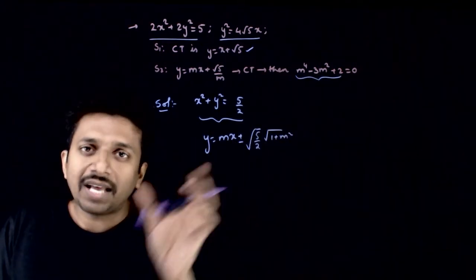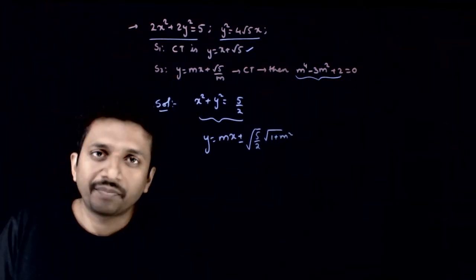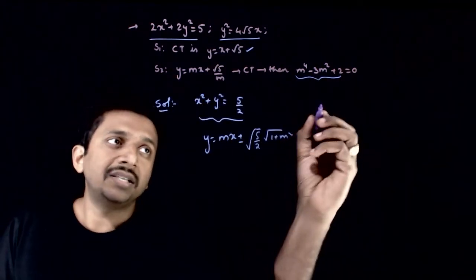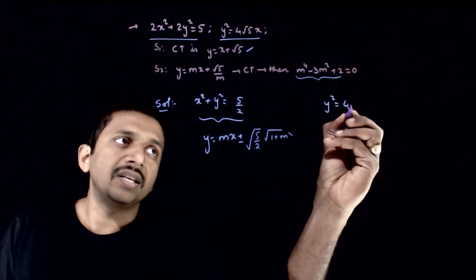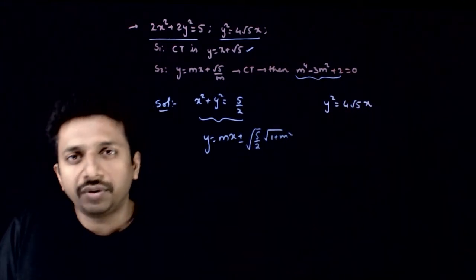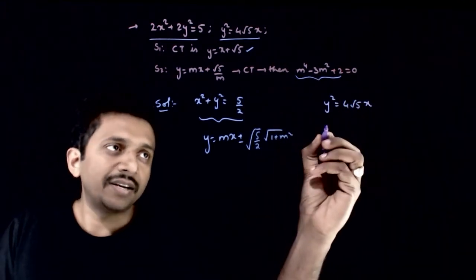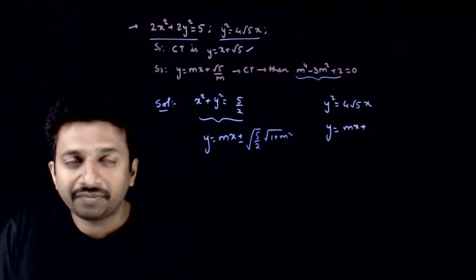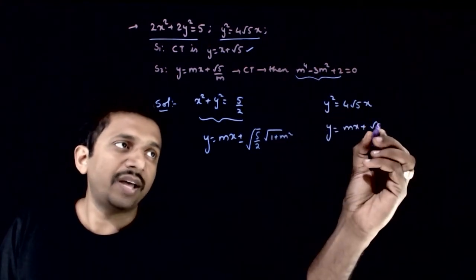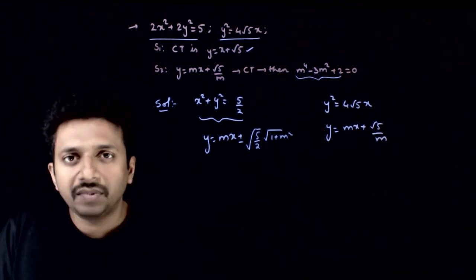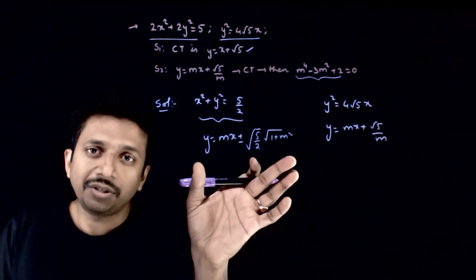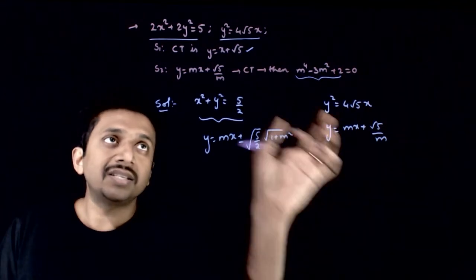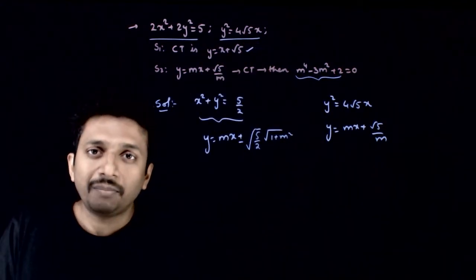This is a general tangent of slope m to the circle. What is the general tangent to y² = 4√5 x? The general tangent is y = mx + a/m, where a is √5, so the constant is √5/m. This is a general tangent to the parabola.